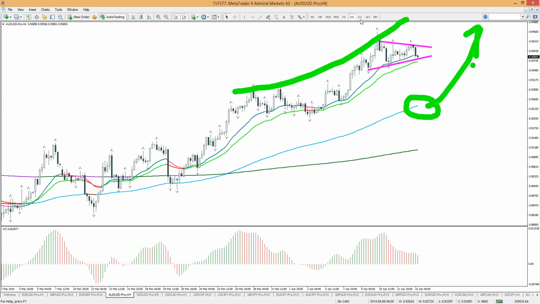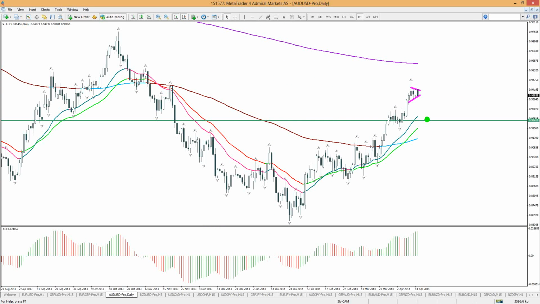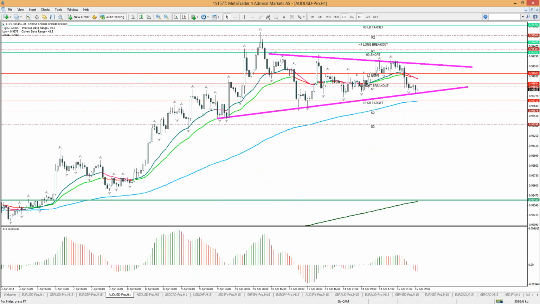And you can see how nicely everything pieces together, because the 4-hour intermediate moving average is actually equal to the moving averages on the daily here, or basically the green moving average, the long-term moving average on the hourly.